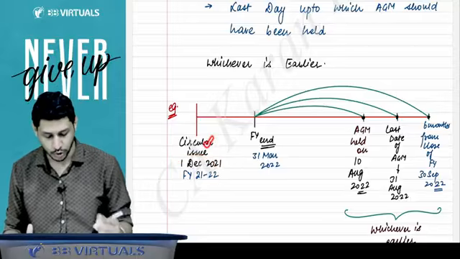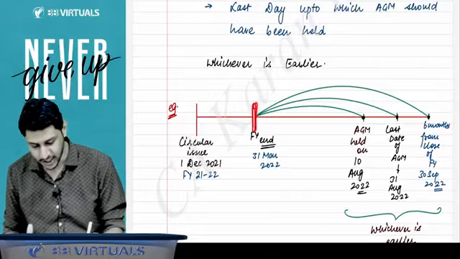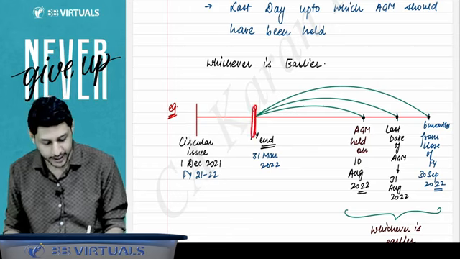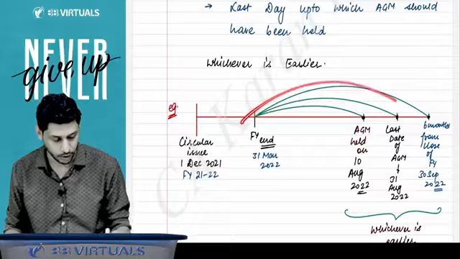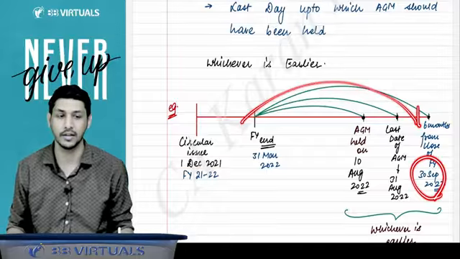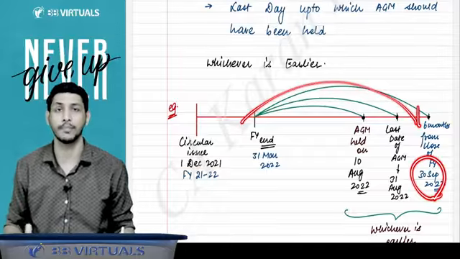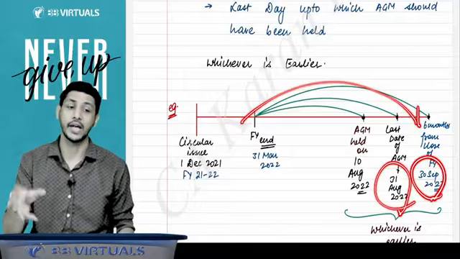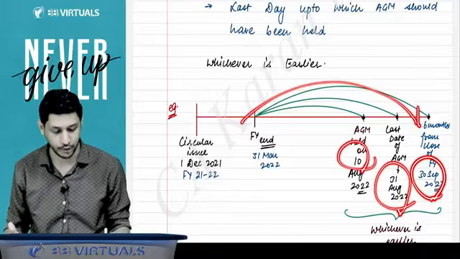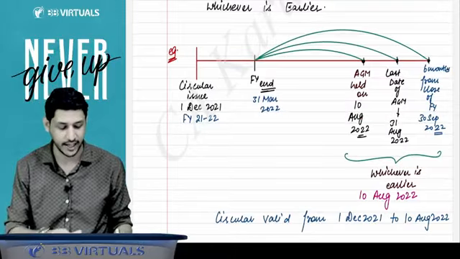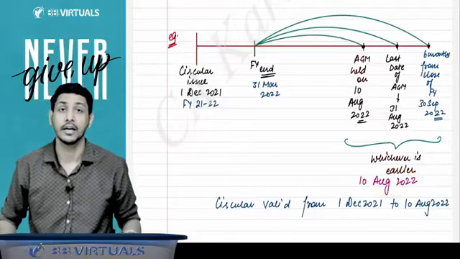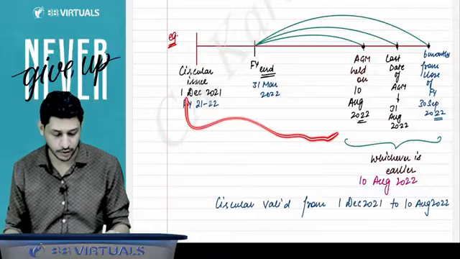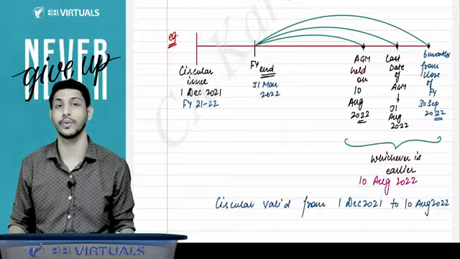Counting 6 months from the closure of the financial year gives 30th September. Suppose the last date of AGM is 31st August, but the company actually held the AGM on 10th August. You take the earliest date, so the circular will be valid from 1st December to 10th August 2022.